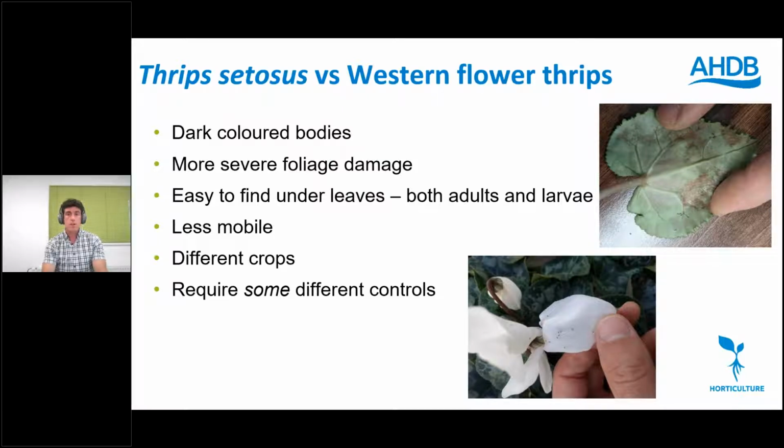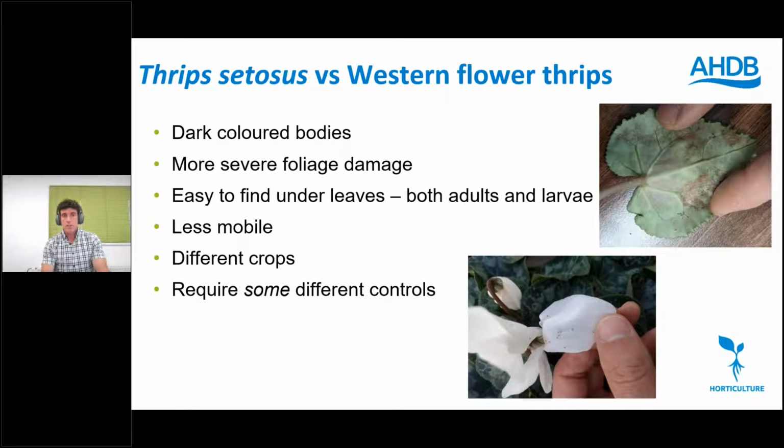To find them, I tend to look on the underside of the leaves because that's where they seem to be most of the time. And that's for both adults and larvae. If I was looking for Western flower thrips, I used to go around and tap the flowers out onto a piece of paper, and then I would see the thrips there.